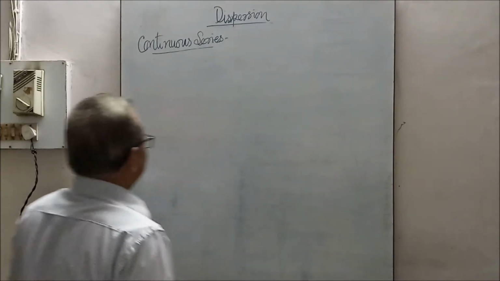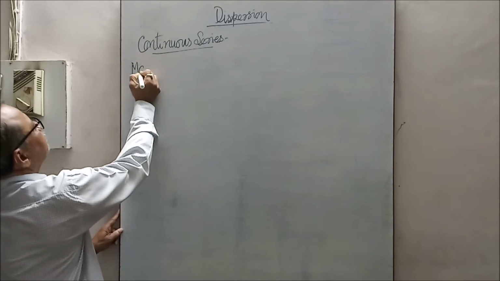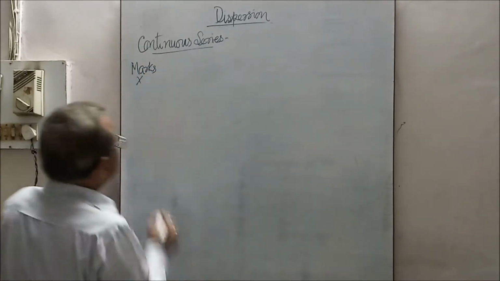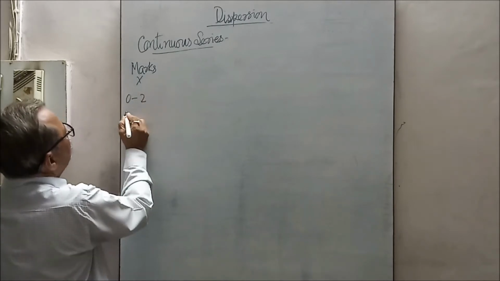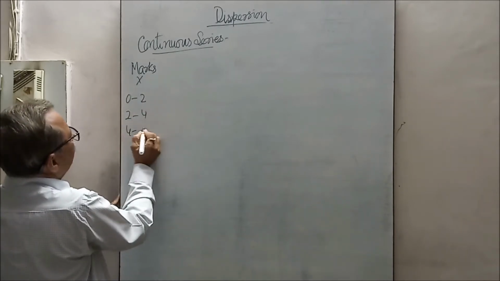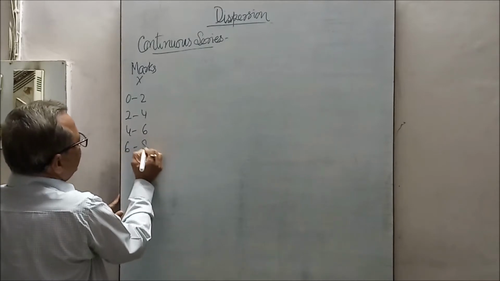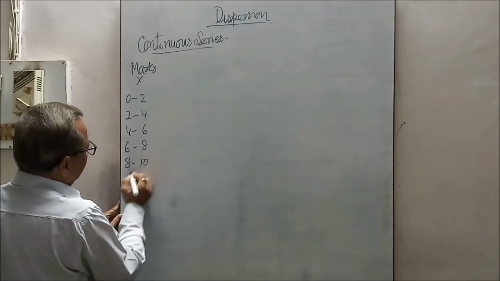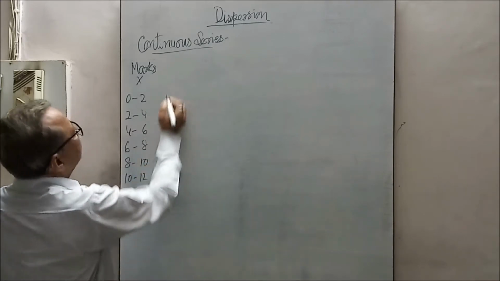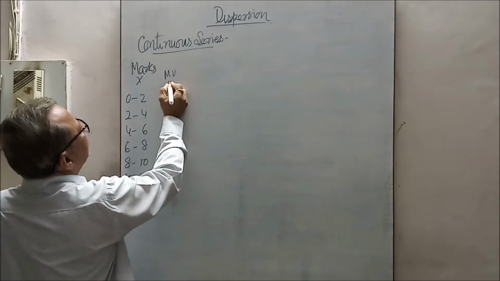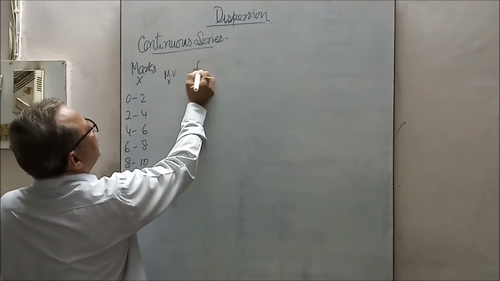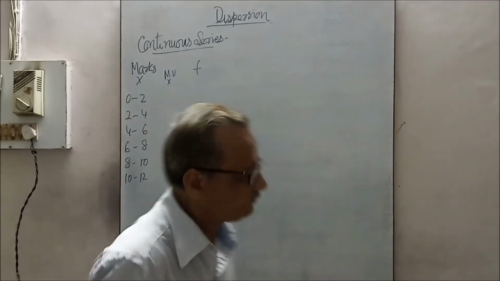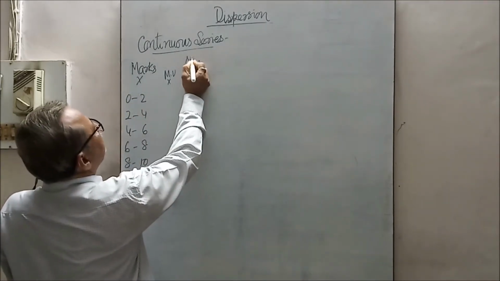Now marks is given, x: 0 to 2, 2 to 4, 4 to 6, 6 to 8, 8 to 10, and 10 to 12. We write the mid value here, that is now x, and the frequency is given as number of students.